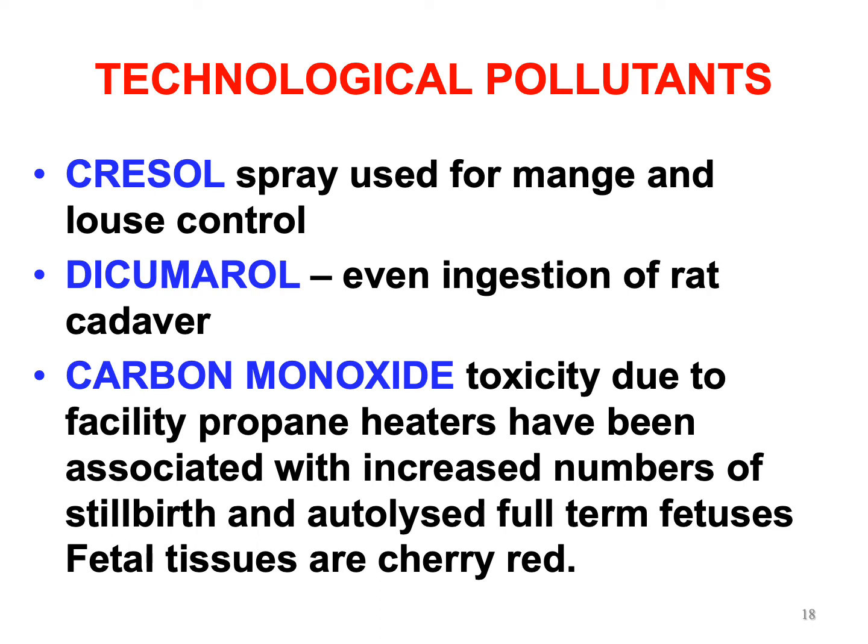Technological origin has the following group of pollutants. Namely, they are related to the everyday technology in a big farm where they are using these, and in some accidental cases we have poisoning and related abortion.